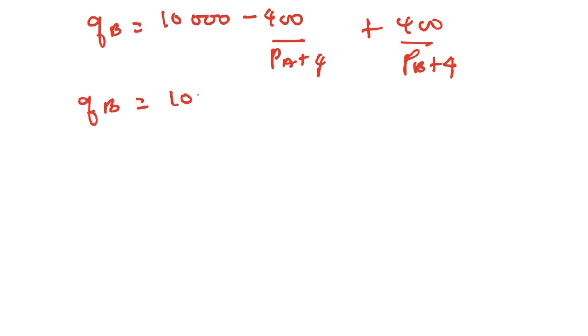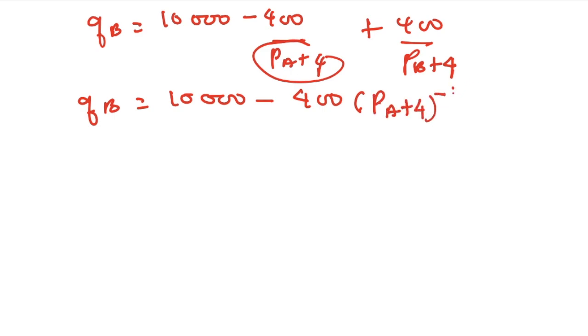Then it becomes 10,000 minus 400, and the denominator I change it: PA plus 4 to the power of minus 1, and then plus 400 times PB plus 4 to the power of minus 1.